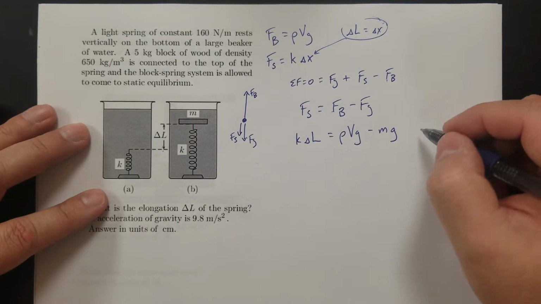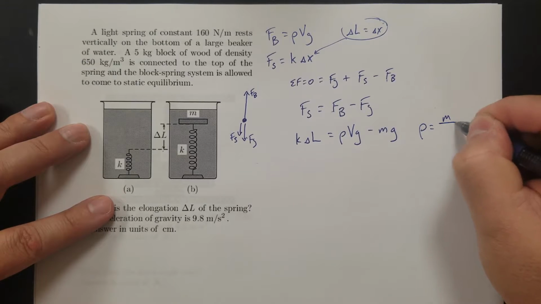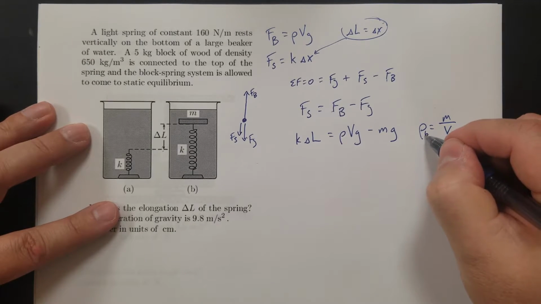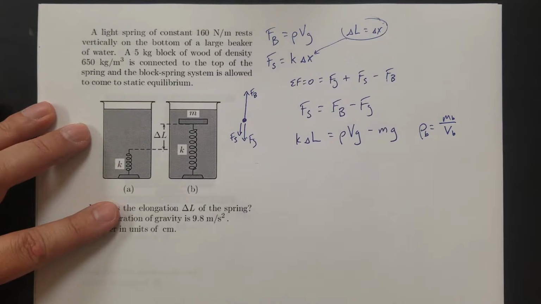But I know that density is equal to mass divided by volume. So the density of the block is the mass of the block divided by the volume of the block.